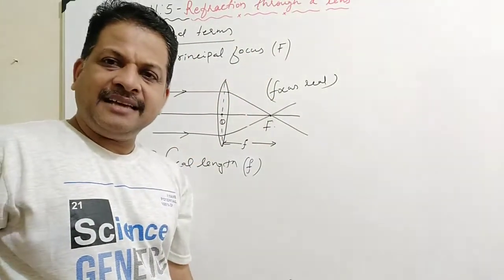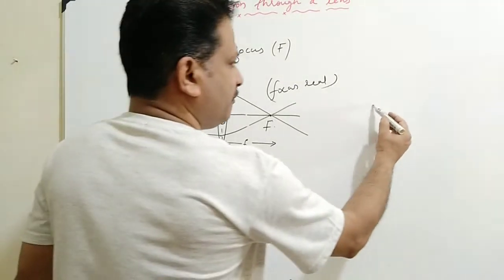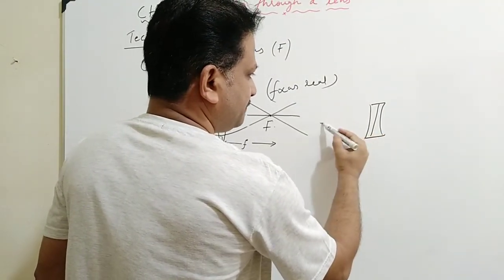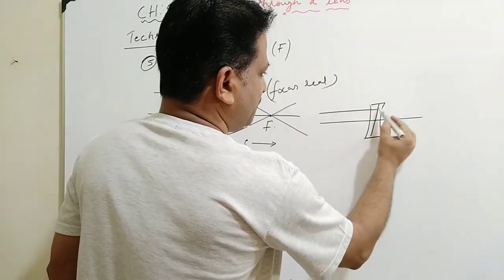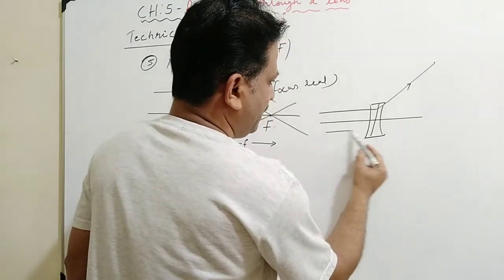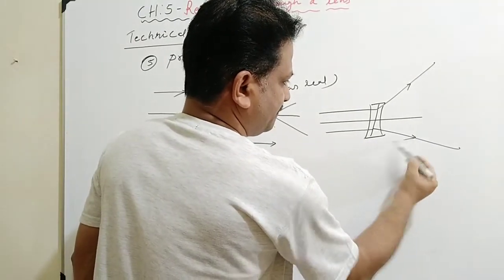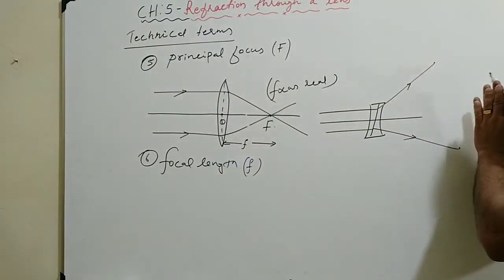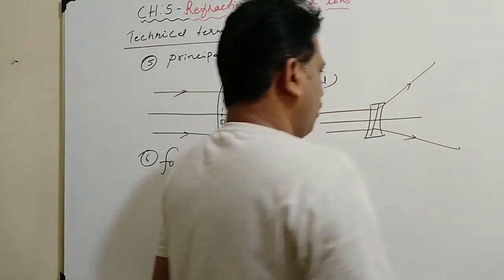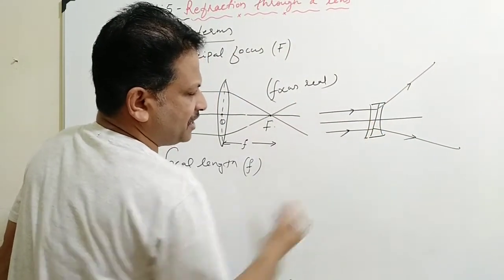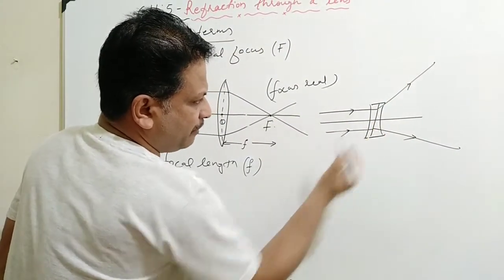Then what about the case of a concave lens? In case of a concave lens, you can see the rays of light traveling parallel to the principal axis. After refraction, they diverge or bend away from the principal axis. Clear? So for an observer looking from the other side of the lens, these light rays after refraction appear to be diverging from a point.